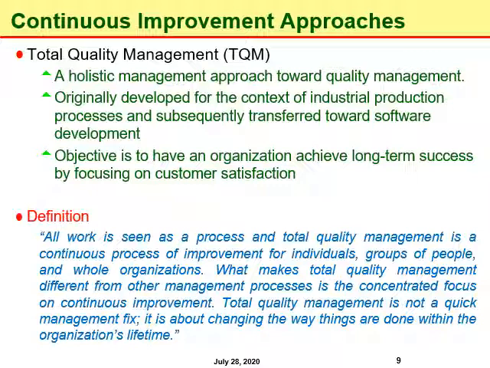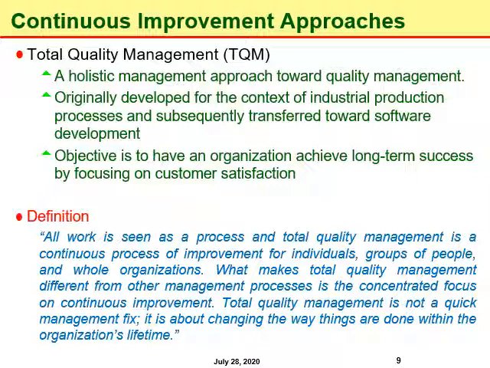The objective of TQM is to have an organization achieve its long-term goals by focusing on customer satisfaction. So a definition highlighting these characteristics of TQM states that all work is seen as a process, and total quality management is a continuous process of improvement for individuals, groups of people, and whole organizations.